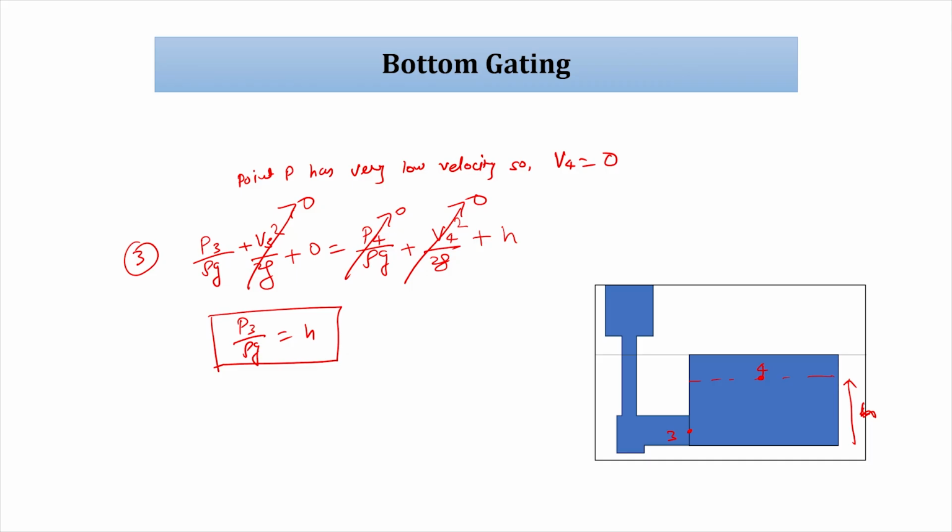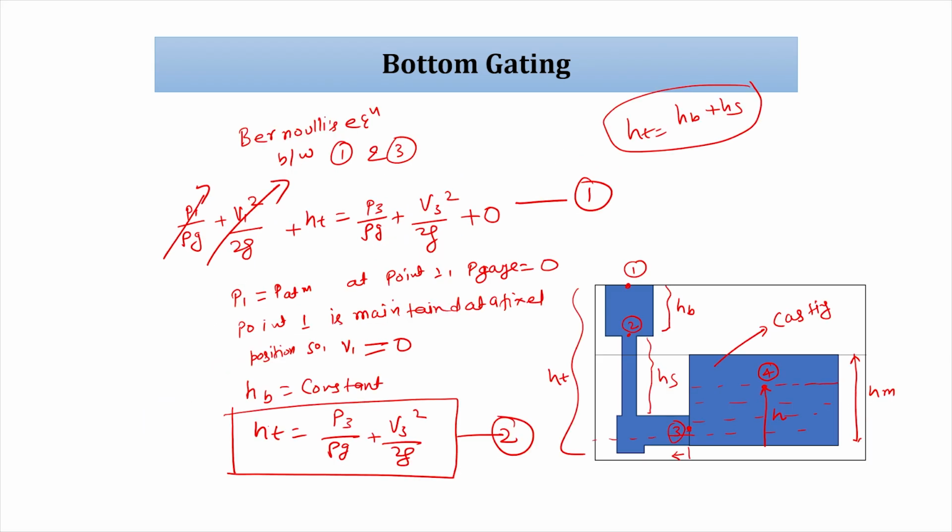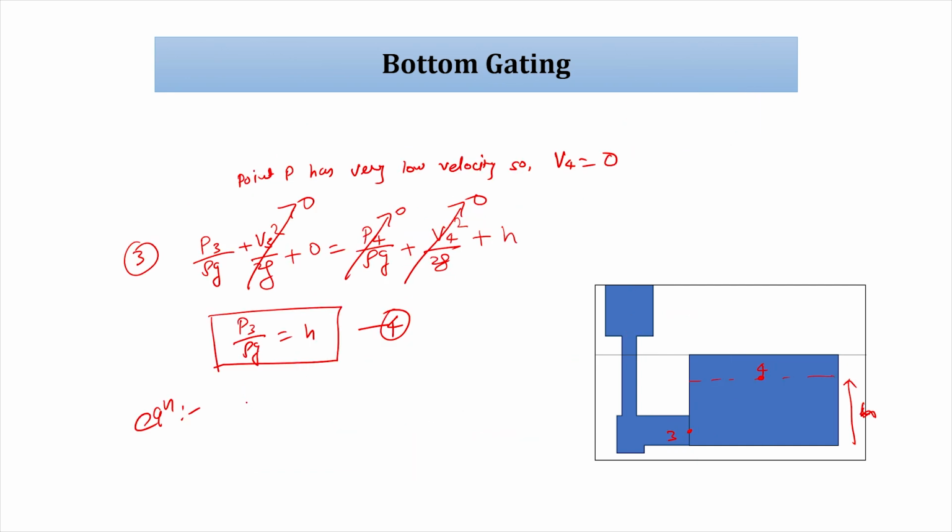Okay. So, cancel out we can do, and so we have got equation number 4, and equation number 2 was Ht equal to P3 by rho g plus V3 square by 2g. We will put equation 4 in equation 2.